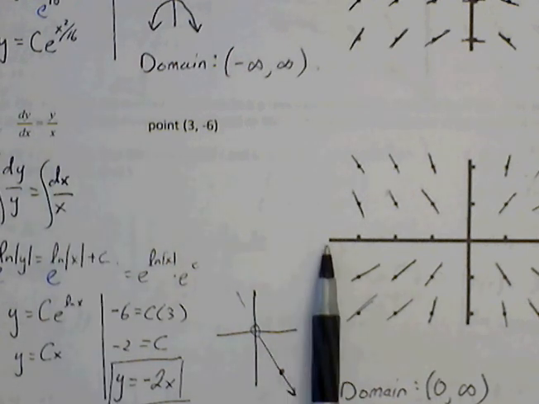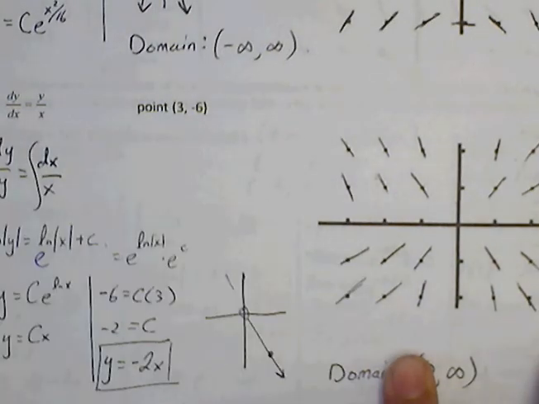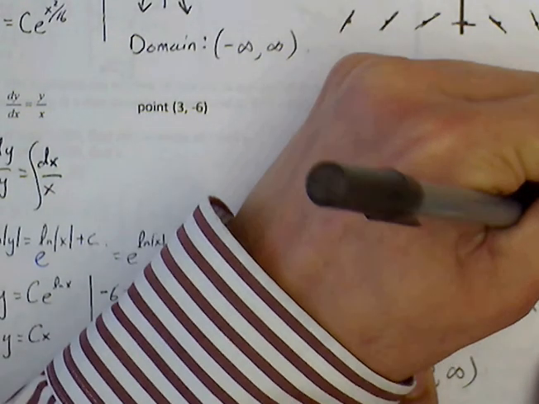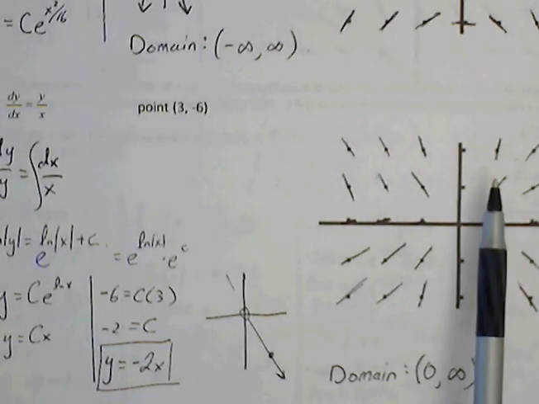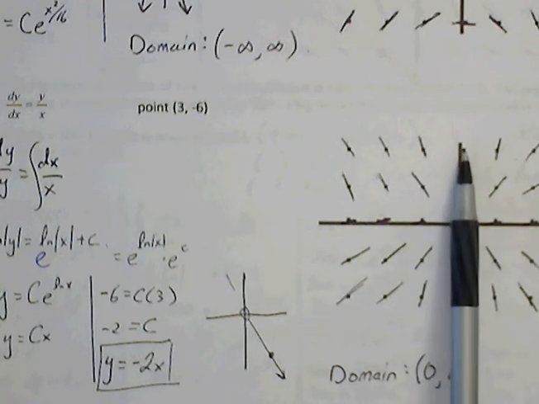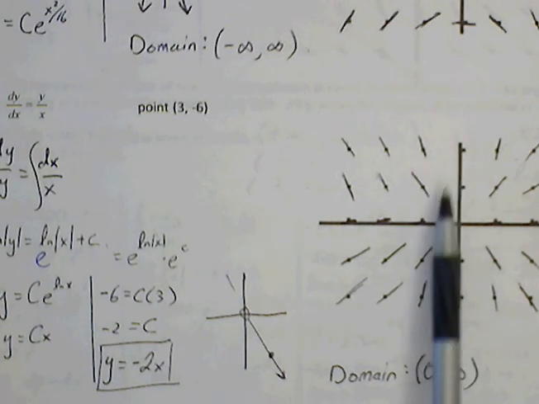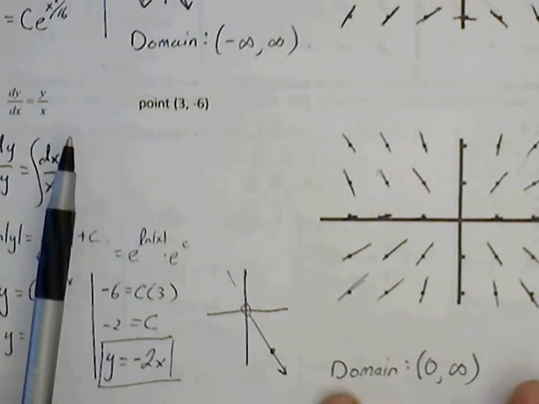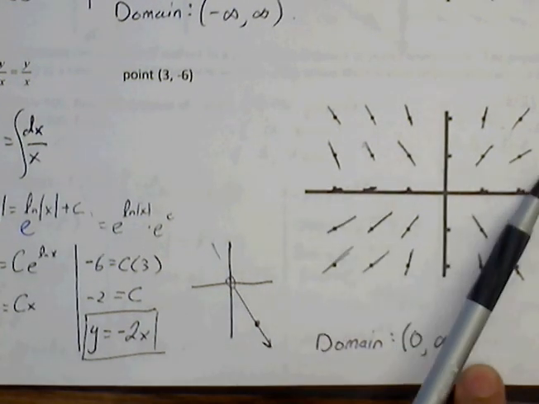So here, these should be filled in with slope of 0. And anywhere on the y-axis, when x is equal to 0, x is in the denominator, so we're not going to get a slope that exists there. And these are all going to be varying degrees of either positive slope or negative slope.